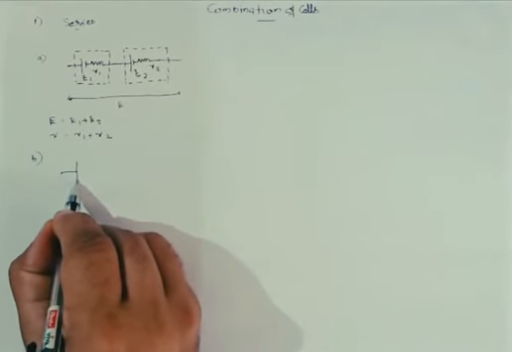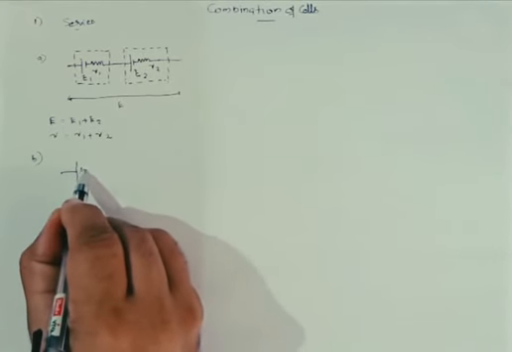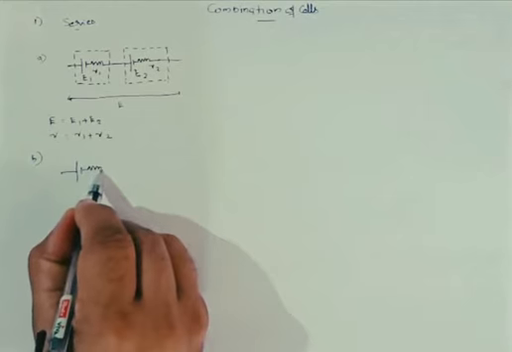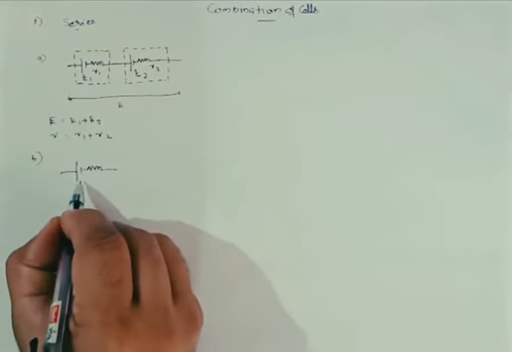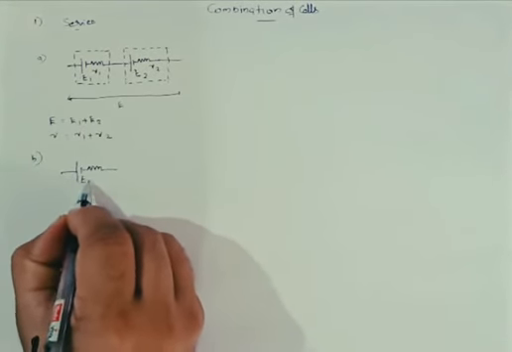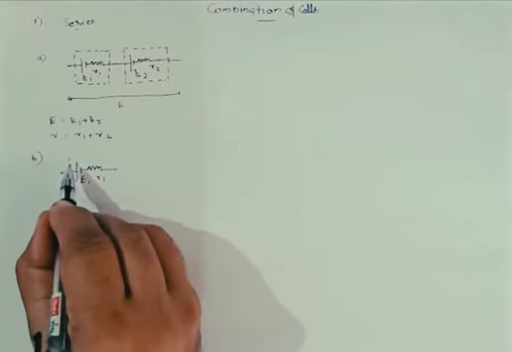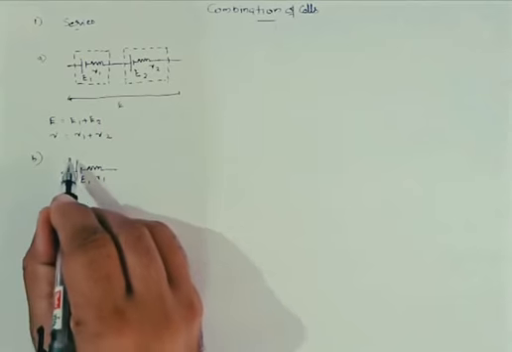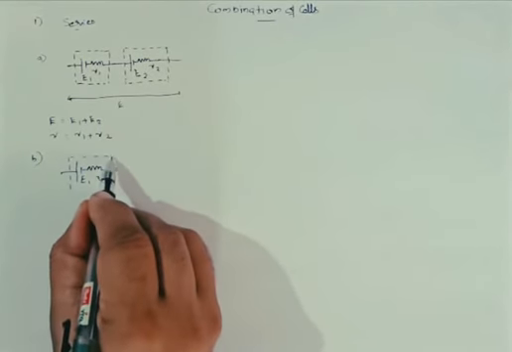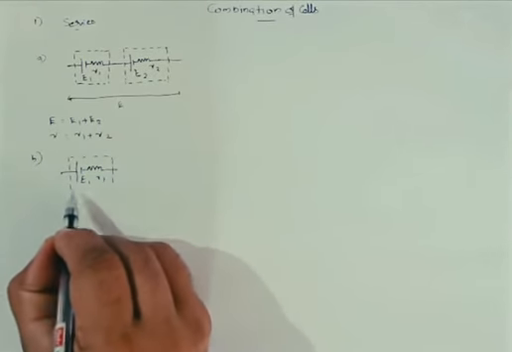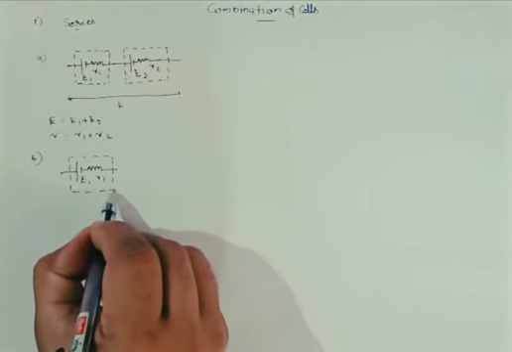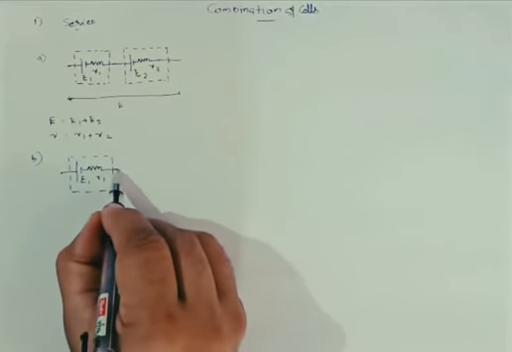Now let us connect these two cells in series but with their polarity in the opposite direction. Here we have the first cell with the EMF E1, internal resistance R1. The positive end is on the left side for the first cell. And here we have the second cell.